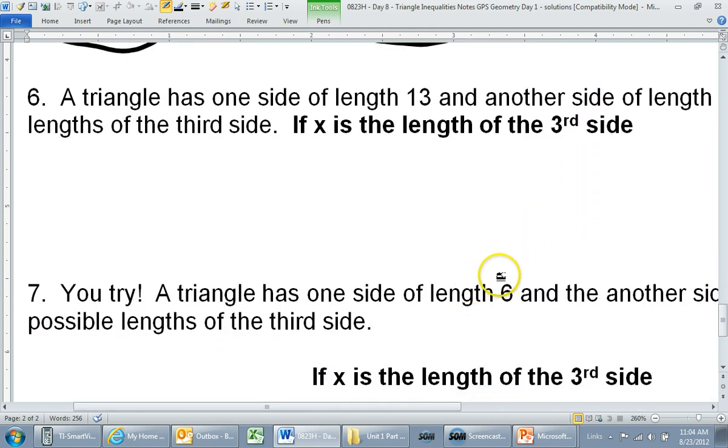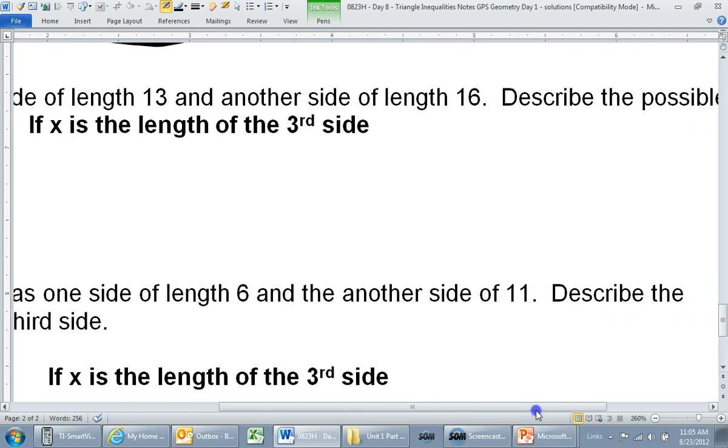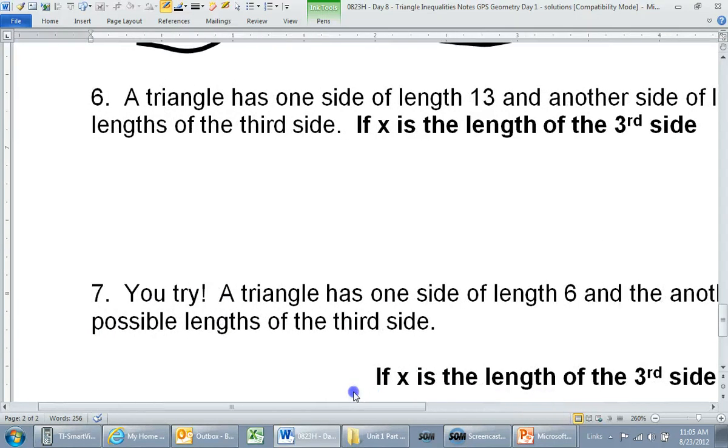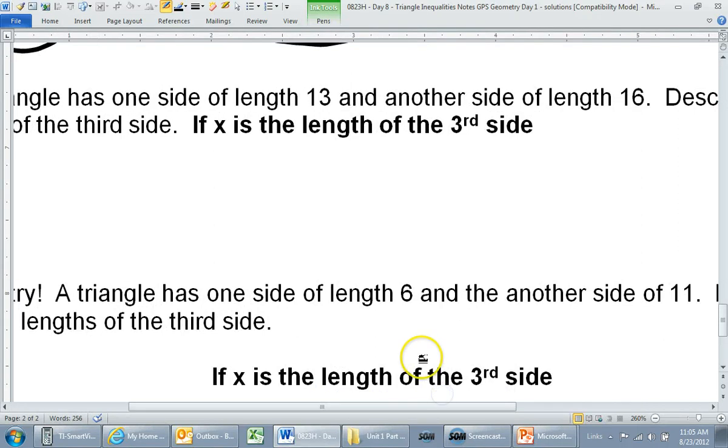Number 6. A triangle has one side length 13, another side... Wait, I got lost. One side of length 13 and another side of length... Oh, I can't see it, that's why. Of length 16. Describe the possible lengths of the third side. Okay, so it's all about 13 and 16.